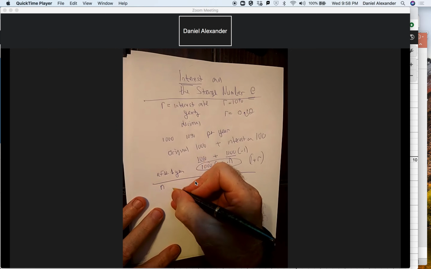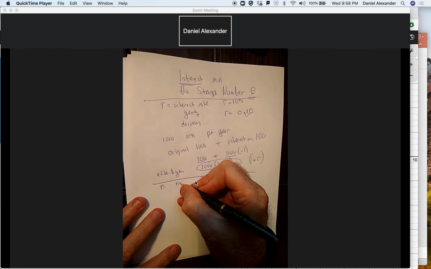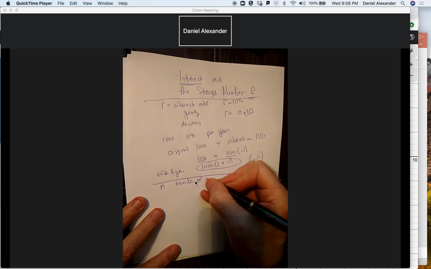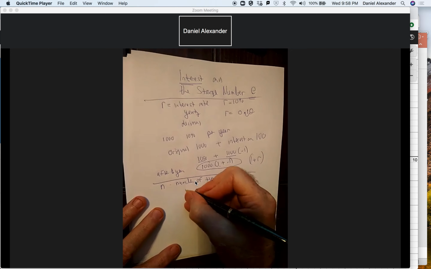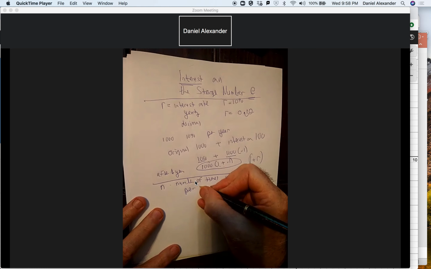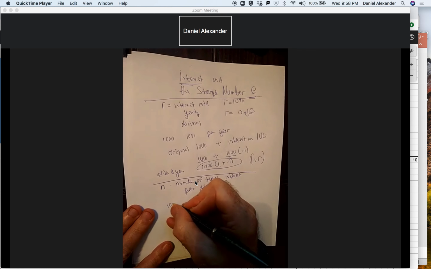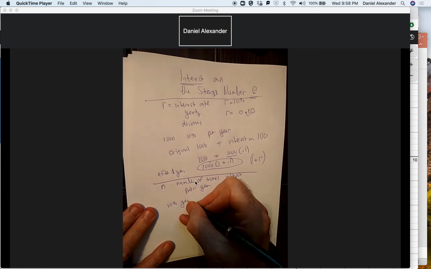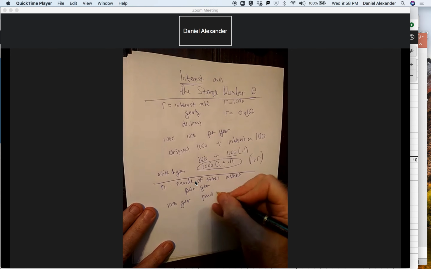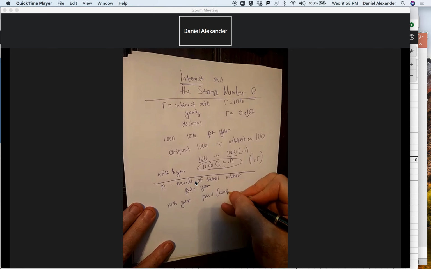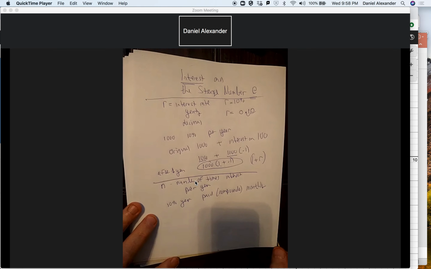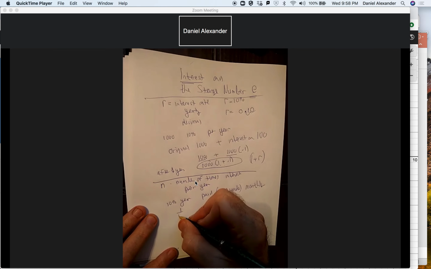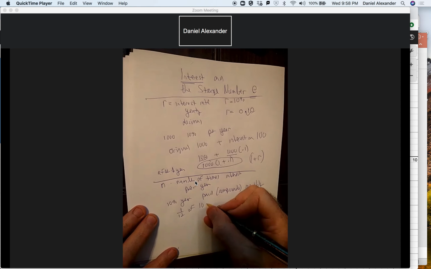Then you have n, and that's going to be the number of times interest is paid per year. Again, I'll use 10% as an example. You get 10% per year, but it's paid, and they use the word compounded, monthly. You don't get 10% every month. You get 1/12 of 10% every month.